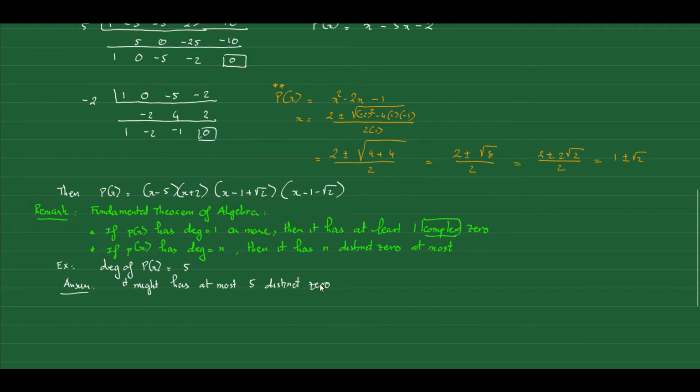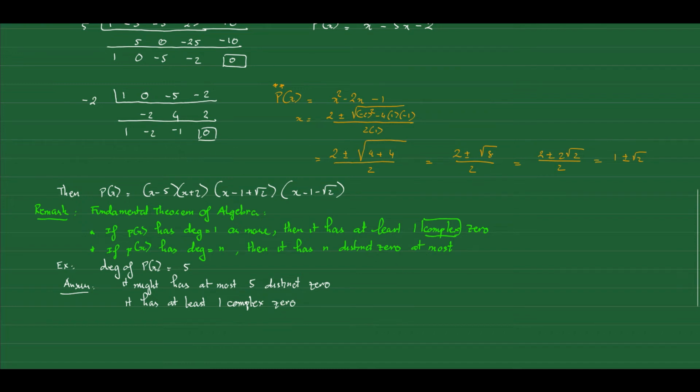It doesn't matter if it's complex or not complex. They just say at most 5 distinct zeros, and at least one complex one. Remember, complex here means real and unreal.